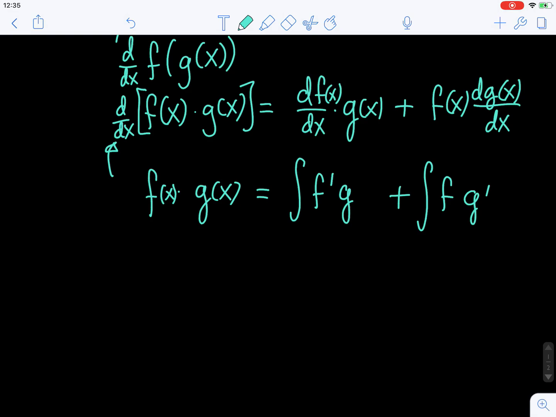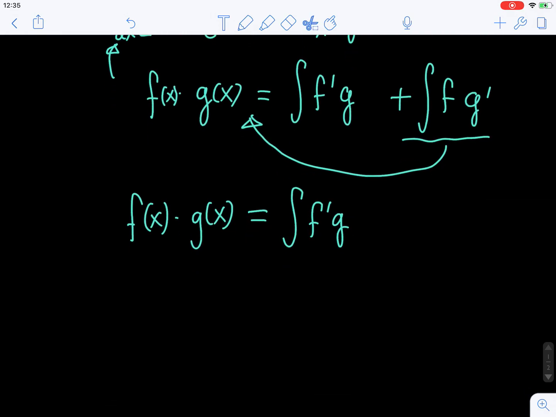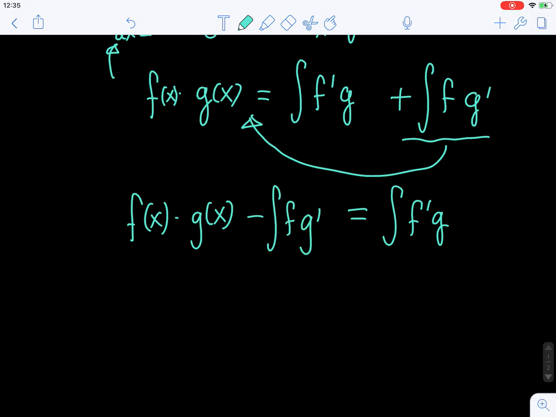Okay, and so I can move one of the integrals over to the left-hand side. Then we'll have the integral of f prime g being f of x times g of x. Oh, sorry. It'll be f of x times g of x minus the integral of f g prime.